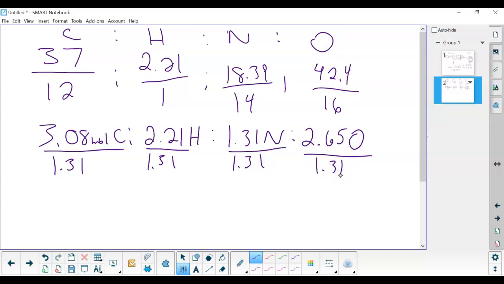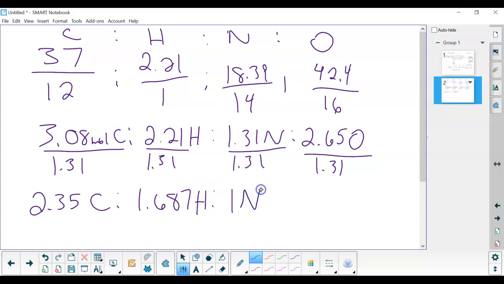And that gives us a ratio. Now, it's not actually going to be a whole number ratio. And I want you to notice that it's like pretty close to 1/3 or 2/3 in each of these. And so you should multiply by 3.